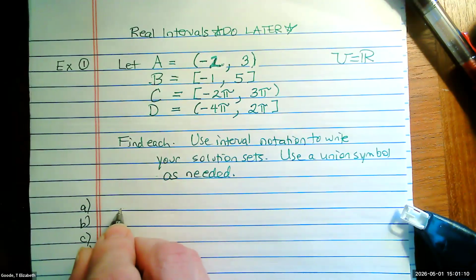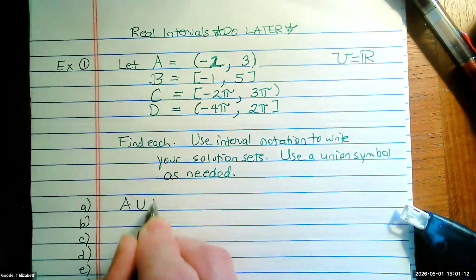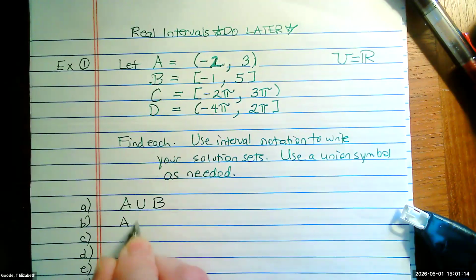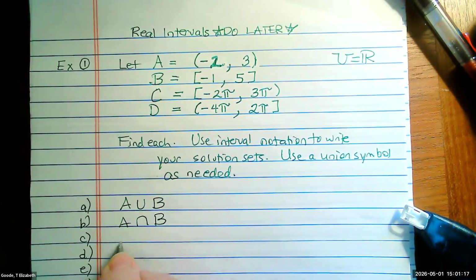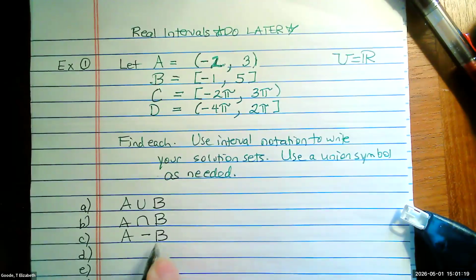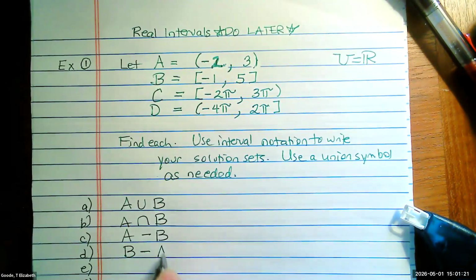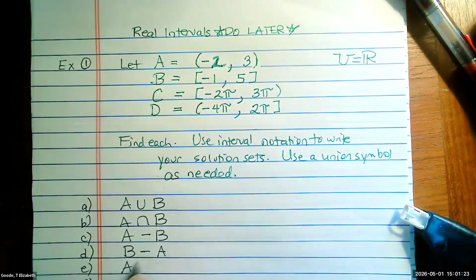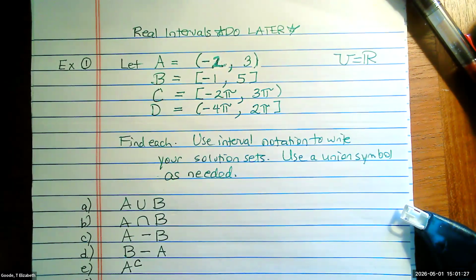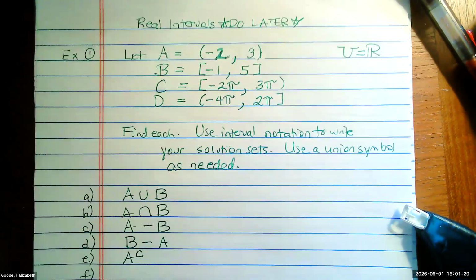So let's find A union B, A intersect B, A minus B, B minus A, and A complement. And this is just lots of practice, okay?